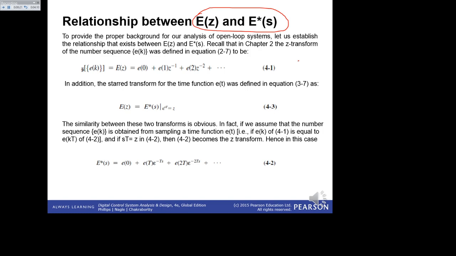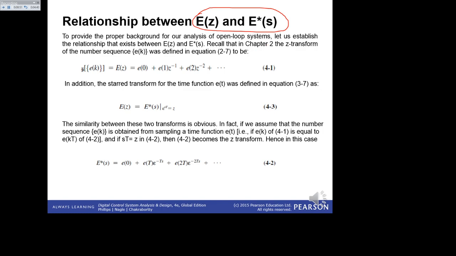We are going to show why we need to understand this, because it will be very important, especially for the design of control systems, open loop systems in particular. It will really help us to simplify the calculations, and it will also help us to obtain the transfer function very easily.